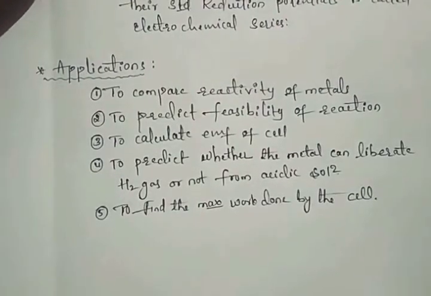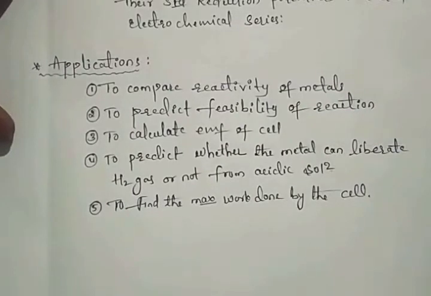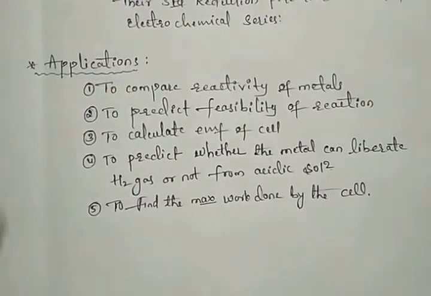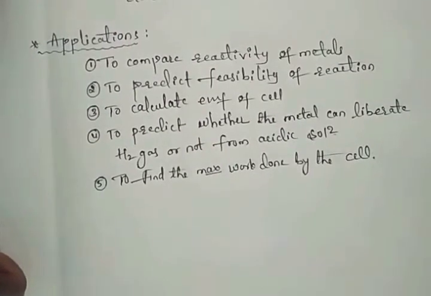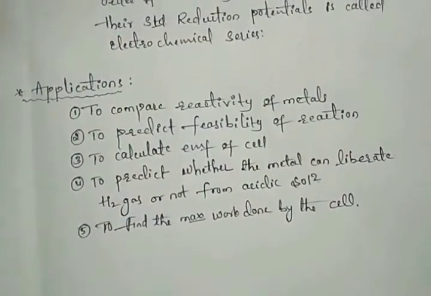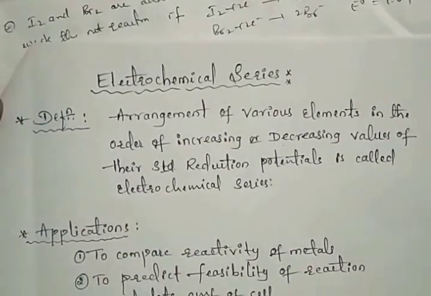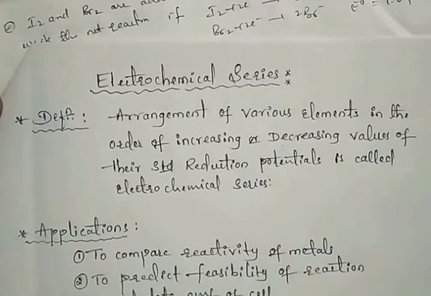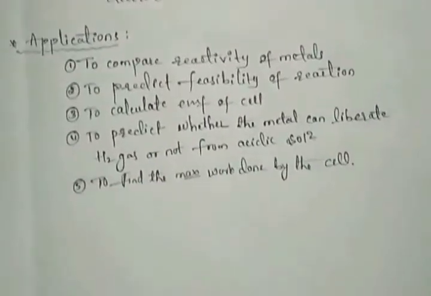These are very important, and based on this concept we can solve many objective problems. In this class we are dealing with the electrochemical series and its applications, a small but important concept.